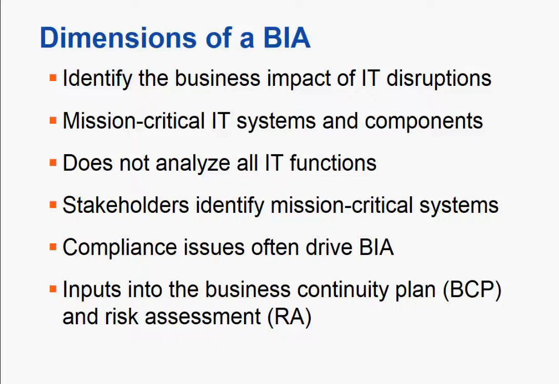Inputs into the business continuity plan and risk assessment. So basically the business impact analysis can get you on the road to a very successful risk management plan that would help you identify and stay within the scope. It can help, as I mentioned here, with the business continuity plan and risk assessment.